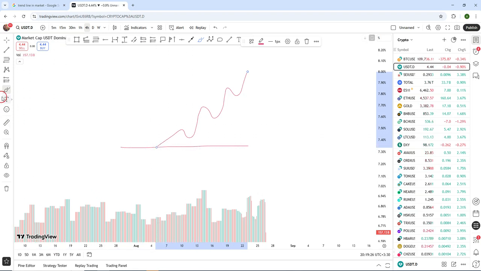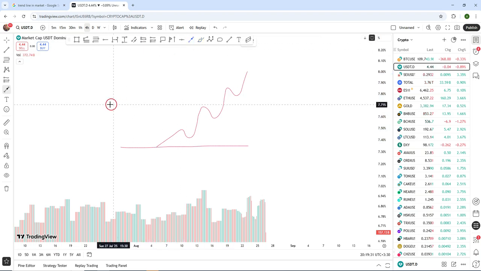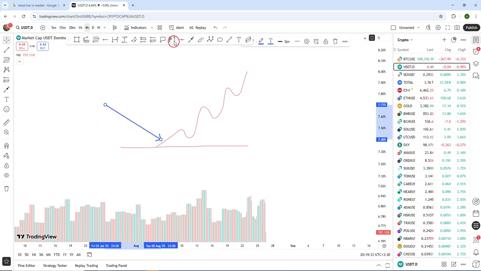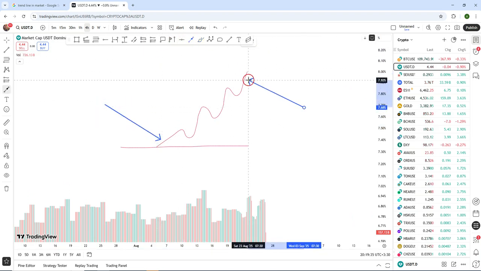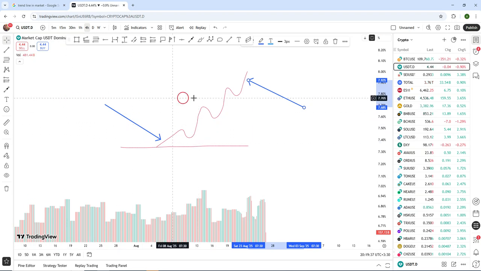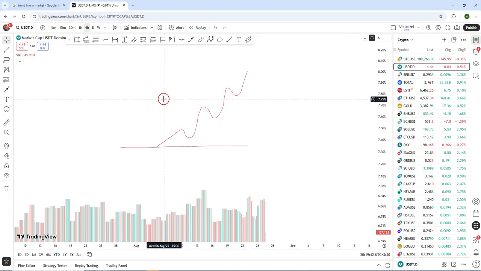For example, from this area going to this area. Okay, on this part, understand that we have some important area.